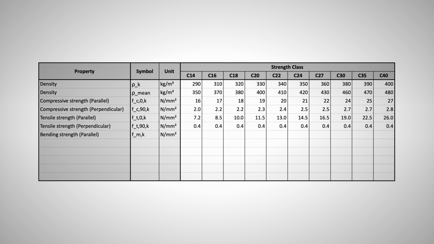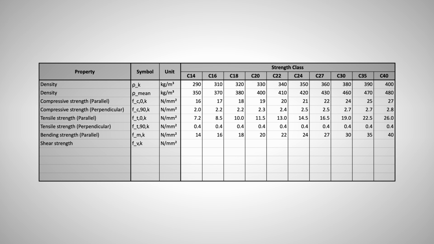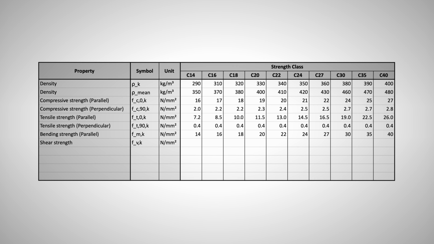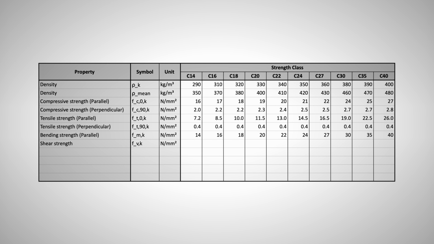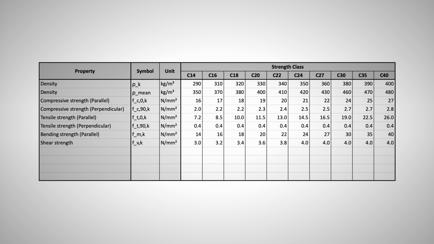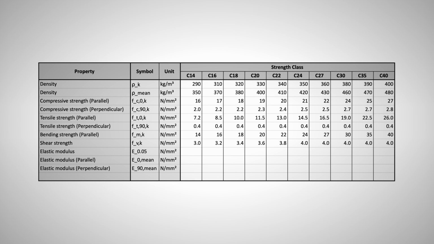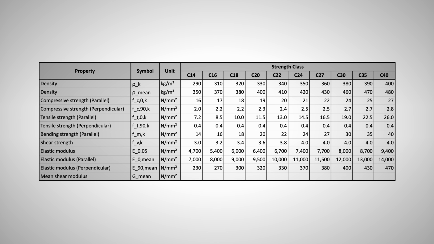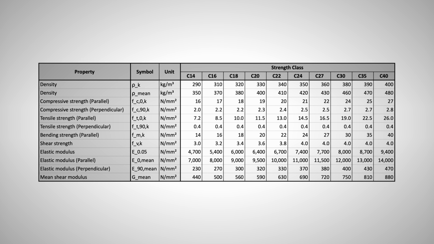The bending strength indicates how well the timber can resist bending forces, while the shear strength reflects its ability to withstand sliding forces. Additionally, the elastic modulus describes the timber stiffness in different directions, and the shear modulus measures its stiffness against shearing deformation.